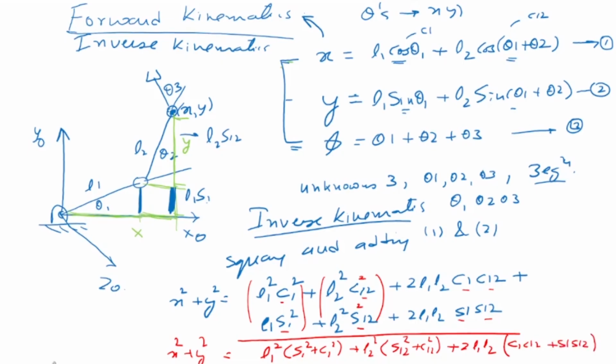Now this term here is equal to cos of theta 1 plus theta 2 minus theta 1. So this theta 1 will cancel, and it will become cos theta 2. Now I'm writing on the next page.